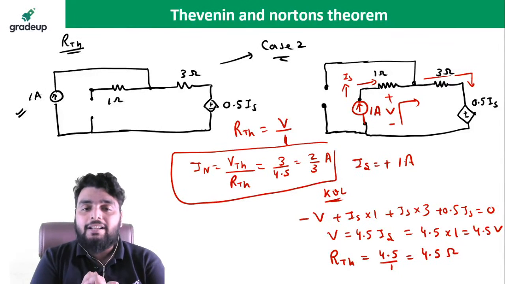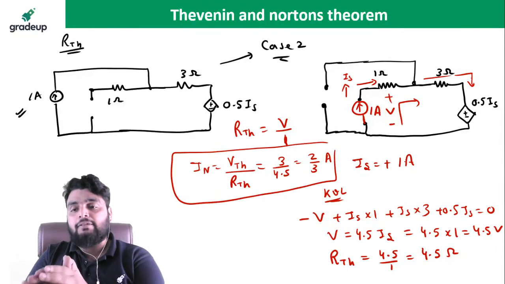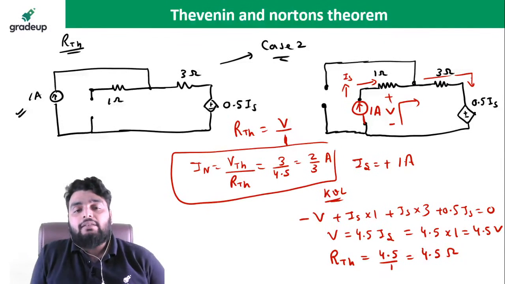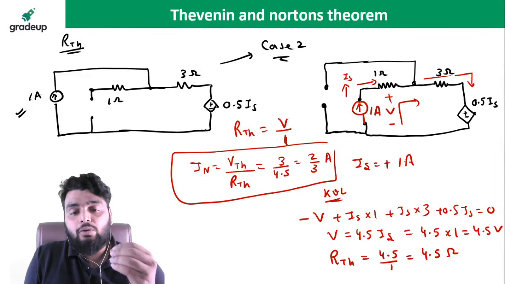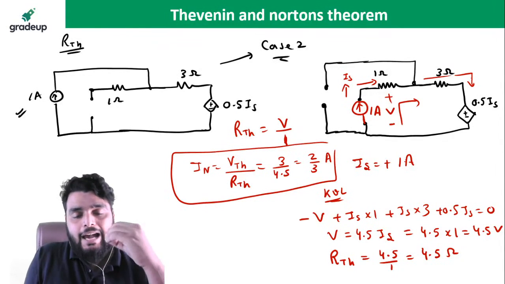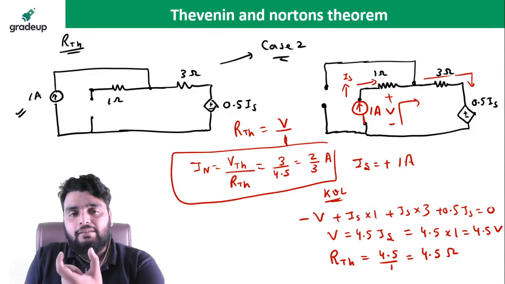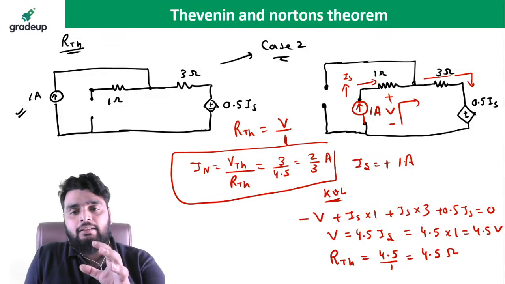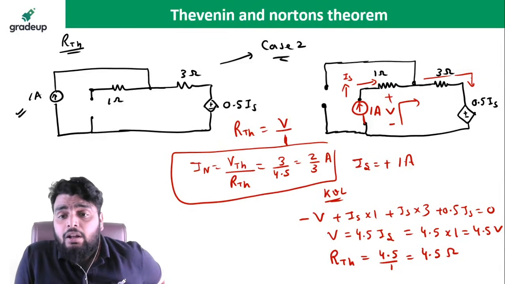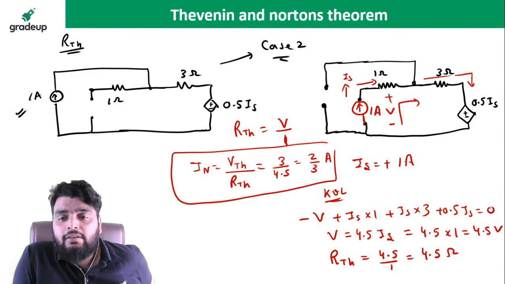Second, understand case 1 and case 2. Case 2 is the independent source. If case 2 is a dependent source, use the test source method, and I gave you one trick: if across the terminal you have a resistor in series, apply a current source. If you have a parallel branch, apply a voltage source. Simple.